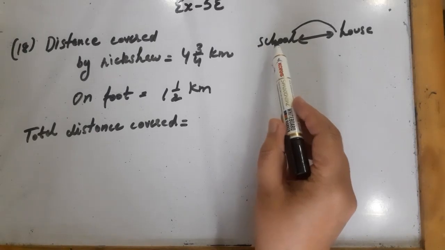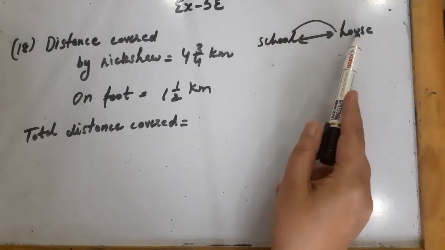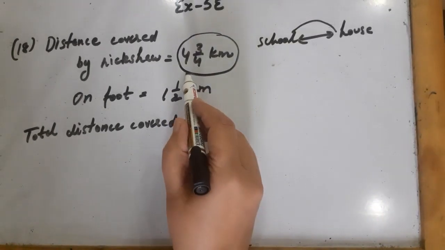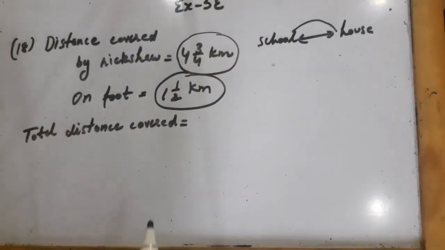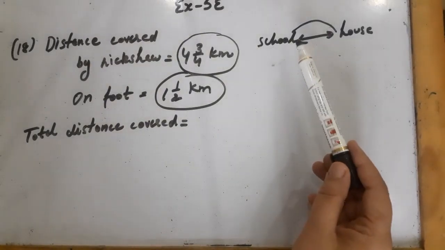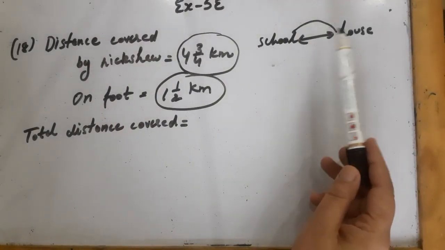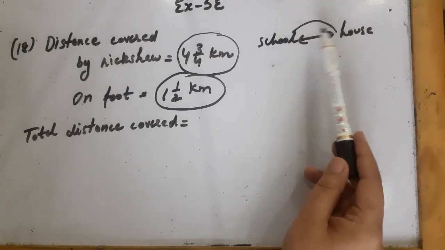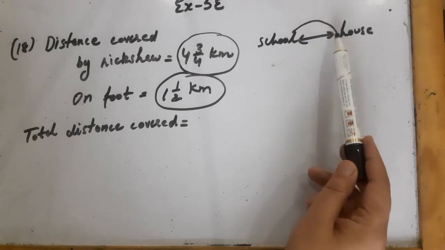So while coming from school to his house, this much distance he covered on the rickshaw and this much distance he covered on foot. So they are asking you what is the distance of his house from the school, से लेके house तक उसके घर कितना रास्ता है, कितने किलोमीटर्स का रास्ता है.